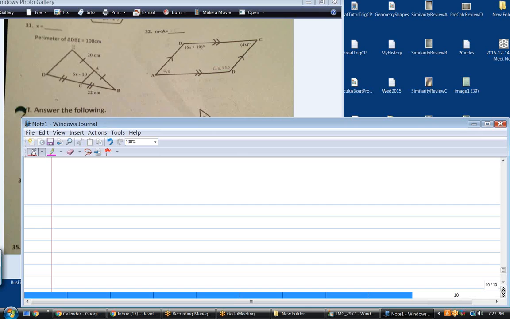Right now you're dealing with similar triangles, right? So if I'm looking for a relationship here, it's probably similarity. This little triangle here is similar to the big triangle. This is actually the same problem we did earlier, exactly the same, just different numbers.